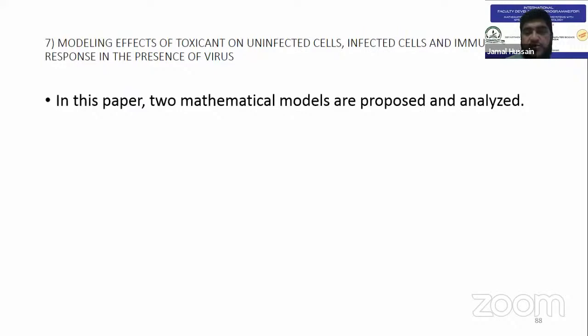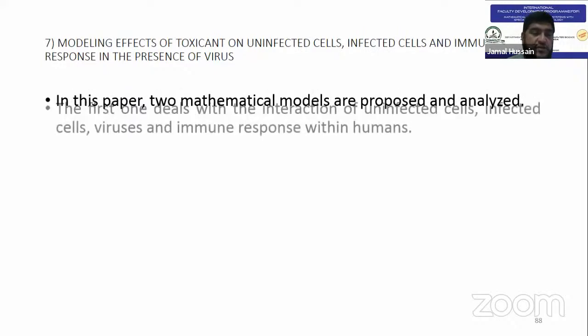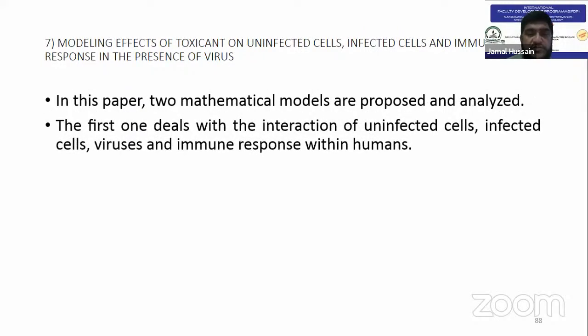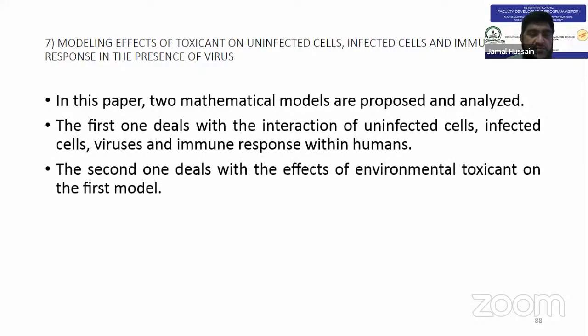Two mathematical models are proposed and analyzed. Okay. The first one deals with the interaction of uninfected cells, infected cells, virus, and immune response within humans. The second one deals with the effects of environmental toxicant on the first model. Okay, so initially the toxicant was not there.